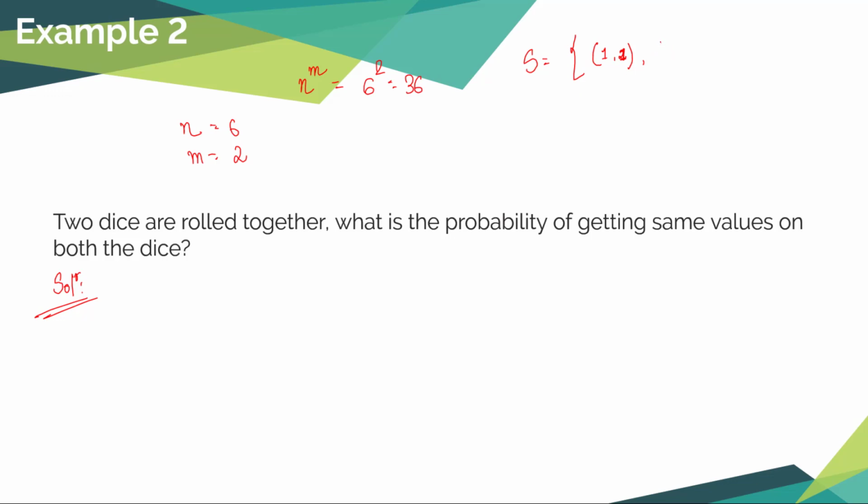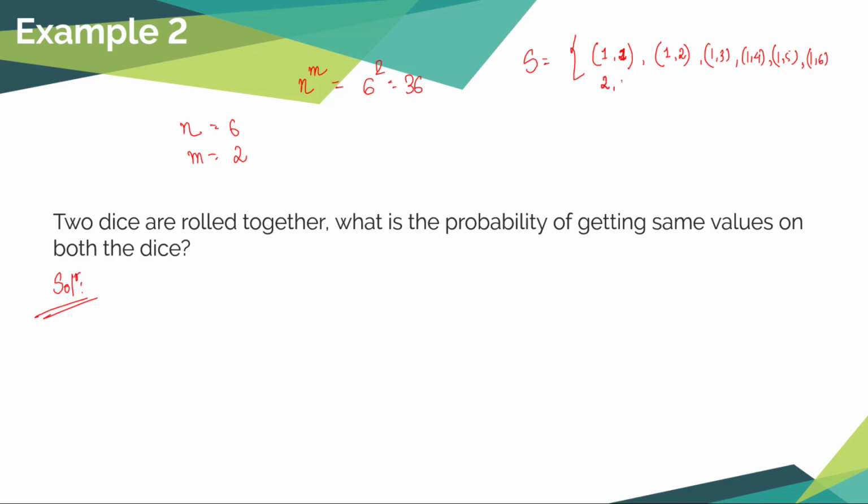That is one possibility because we are rolling 2 dice. Now the next possibility is, we will keep this 1 constant and we will change the result of the second die, right? (1,1), (1,2), (1,3), (1,4), (1,5) and (1,6). So these are the 6 possibilities, keeping the result of the first die constant.